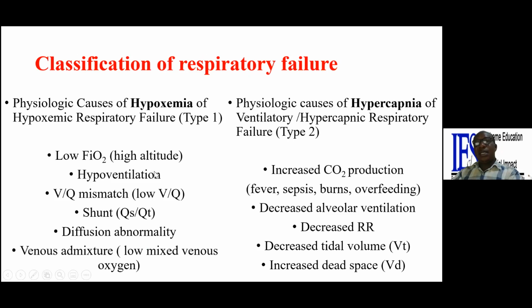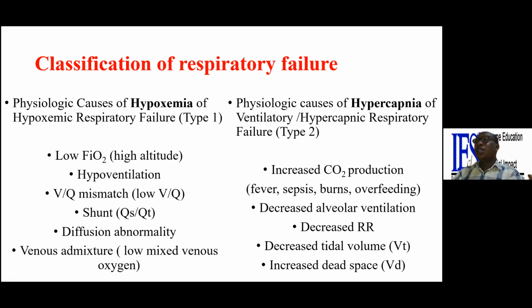Let's go to the next slide, and we continue with classification of our respiratory failure. As we told before, the first one was hypoxemia, the second one was hypercapnia. You know the definition. So in case of hypoxemic respiratory failure, it means there will be low FiO2, especially for those people living in high altitude.